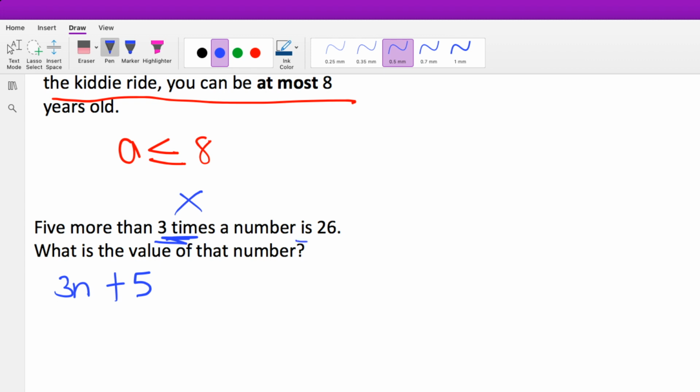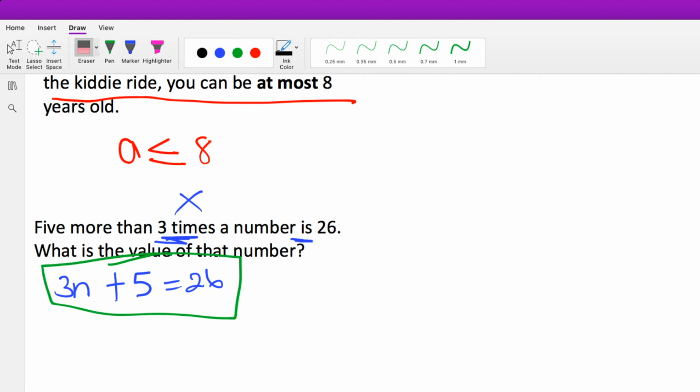And then we see "is 26." Does that mean minus 26? Does that mean plus 26? We know that if something is, that means equals. So we're just going to put equals 26. And this right here is our entire equation. So sure, it looks a lot more difficult, but it really isn't.